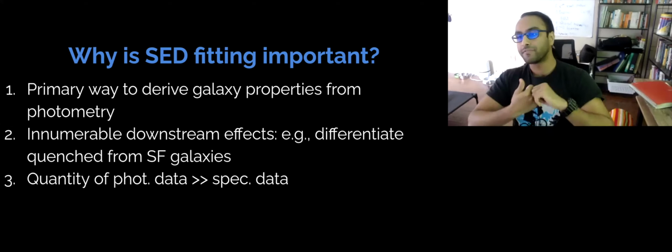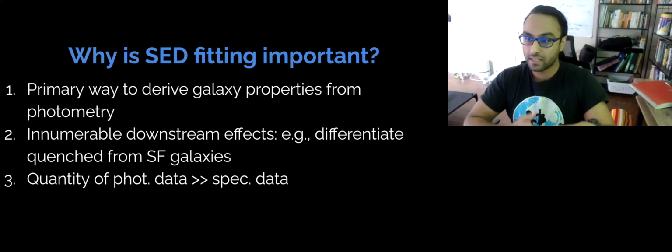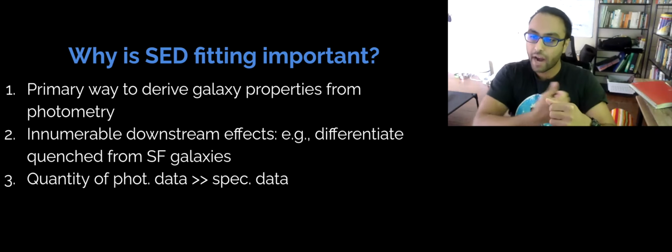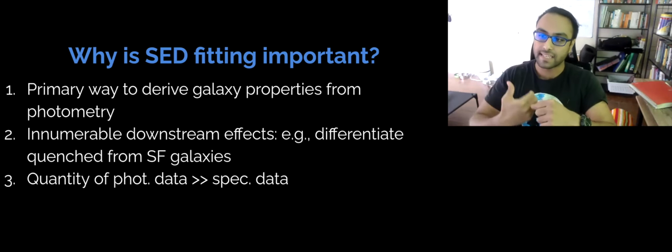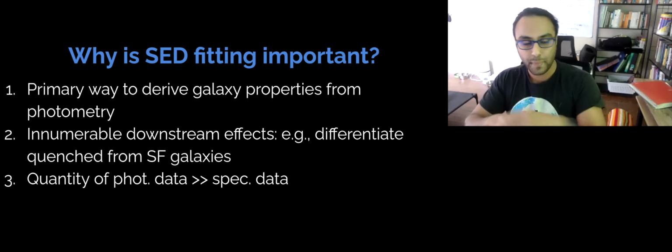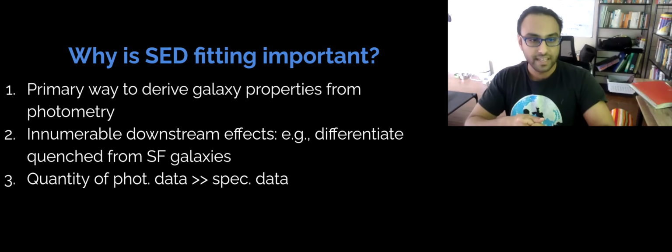The amount of photometric data is larger than the amount of spectroscopic data by a factor of about 100. And using these derived galaxy properties, we carry out a ton of scientific tasks downstream. I've just mentioned one example, differentiating quenched galaxies from star-forming galaxies, because that's part of the thesis.